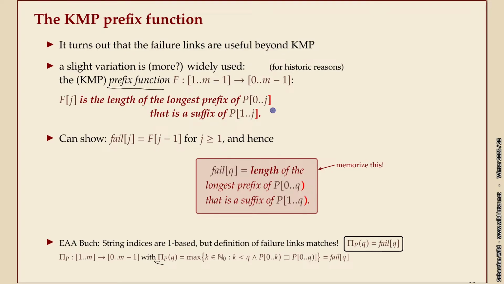So whenever you read about these in other sources, you might have to live with an off by 1. There's just no global consistency on even whether strings should start with 0 or 1 as the index, but also here whether you include the length or the stopping index. Okay, just be warned about that.